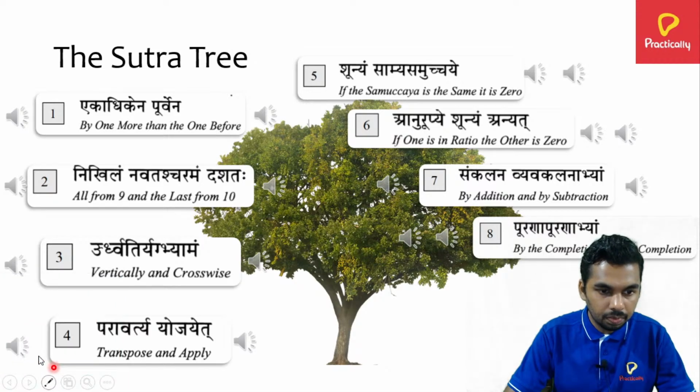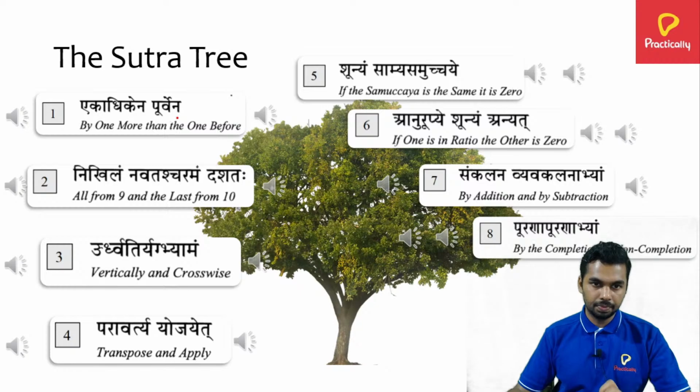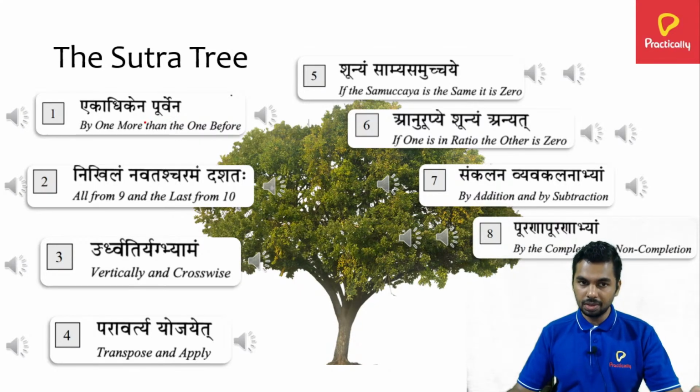All right. So the first sutra is pronounced as Ekadigena Purvena. You can pronounce after me also. I won't hear it, but you can do for yourself. So Ekadigena Purvena. This is the first sutra. In English, it is called as by one more than the one before. The second sutra, as Prakash was pointing out, is the Nikhilam method.